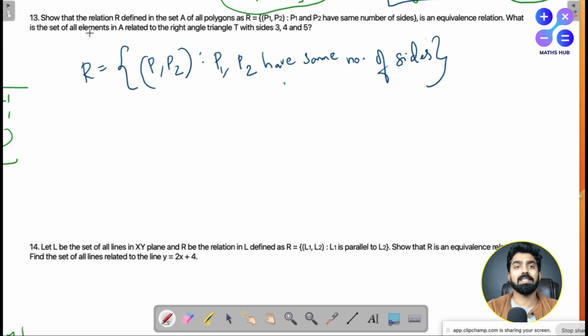What is the set of all elements in A related to the right angle triangle T with sides 3, 4, and 5? Great. Let's see.